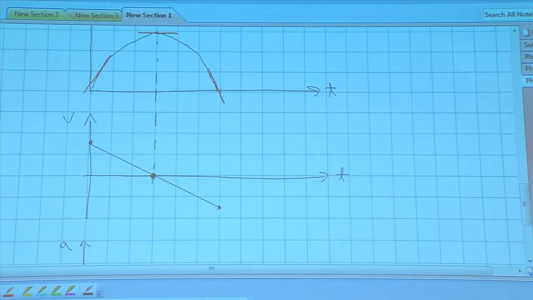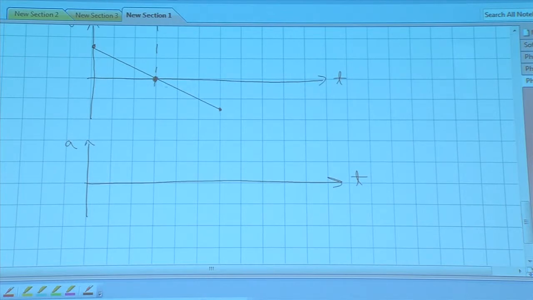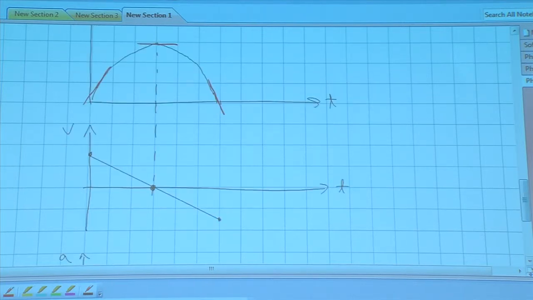All right? And the acceleration is the slope of this curve at any given point. So that means the acceleration is constant. It's going to be minus 9.8, right?